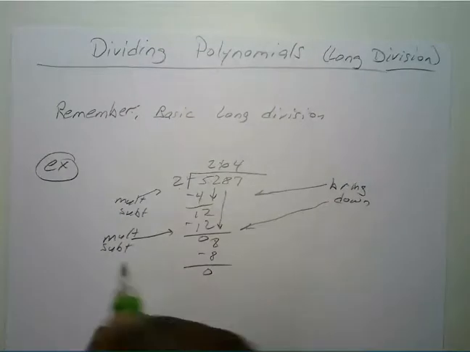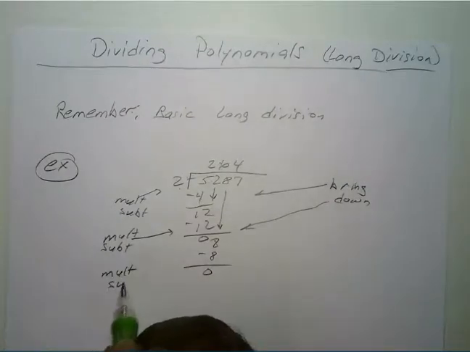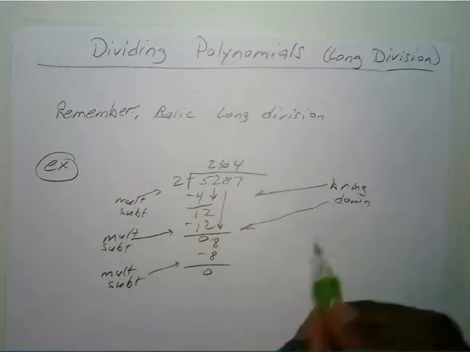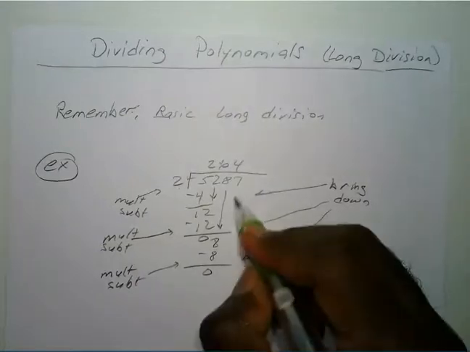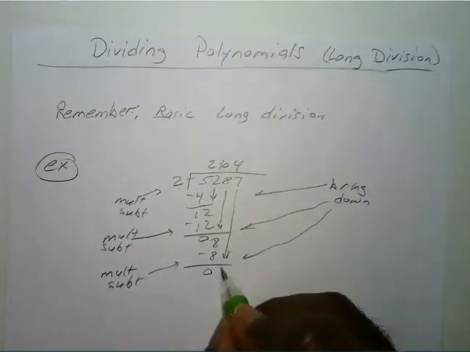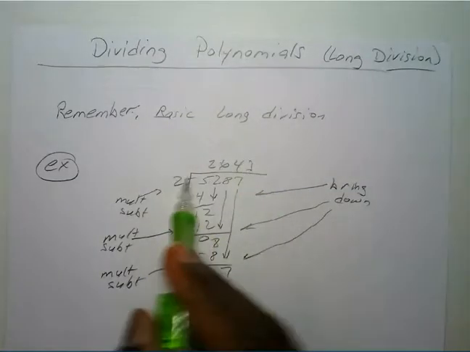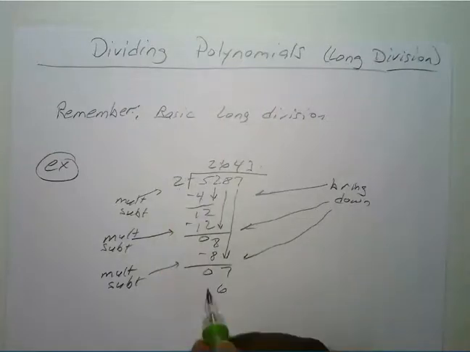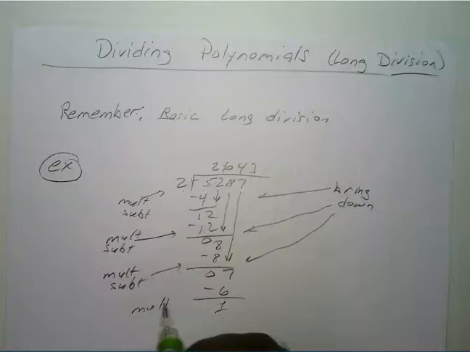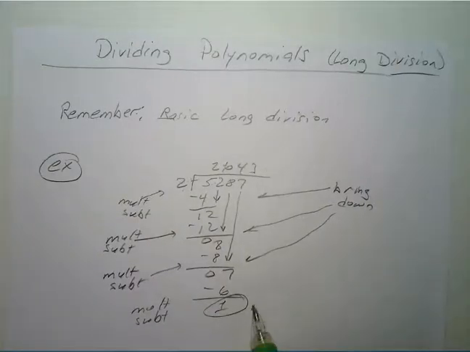Okay, so once again, we multiply, subtract, and then again we bring down. Okay, 2 goes into 7 3 times. 2 times 3 is 6. So we multiply, subtract, and then we're left with our remainder.